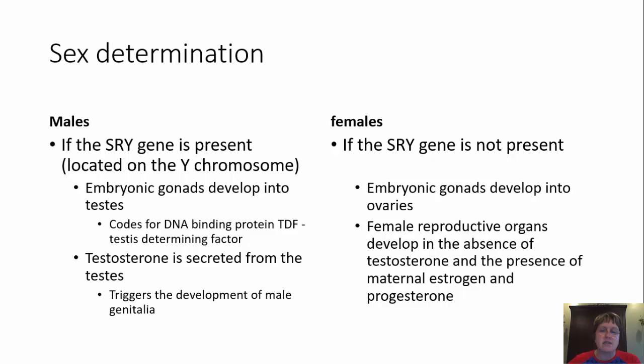And the rest of the female reproductive organs will develop in the absence of that testosterone, in the presence of the maternal estrogen and progesterone. So the mom that's carrying the child will continue to produce estrogen and progesterone throughout the pregnancy, and having those two with no testosterone is what will cause the rest of the female organs to develop.